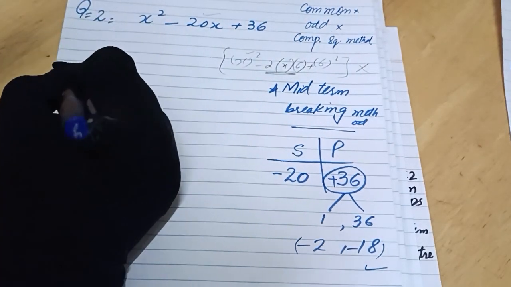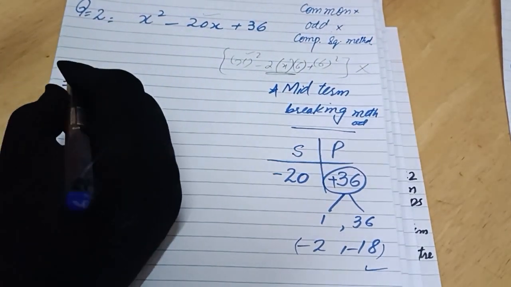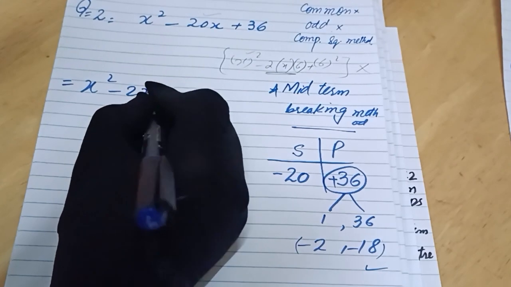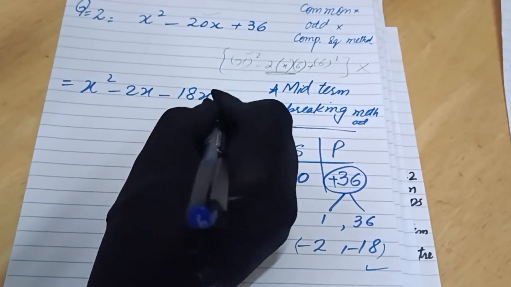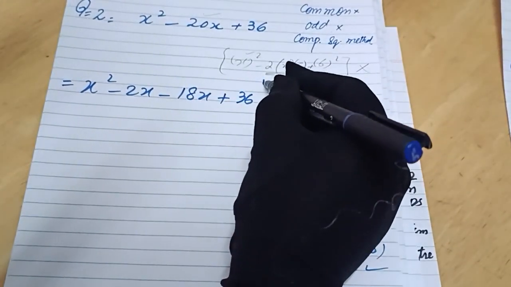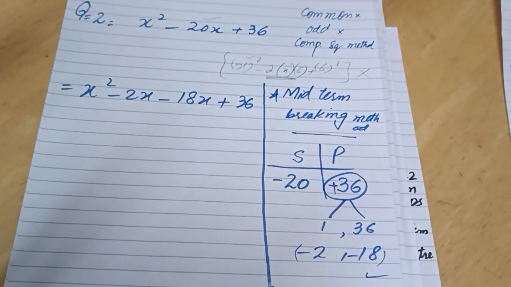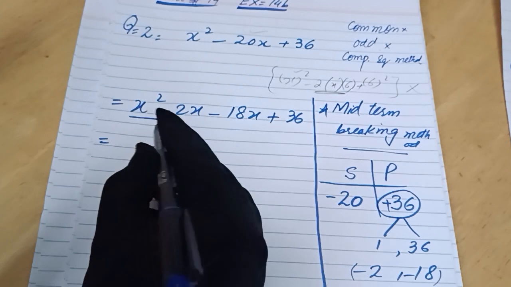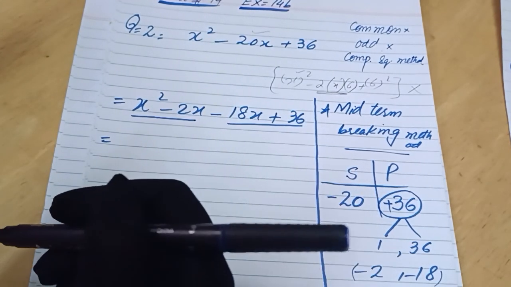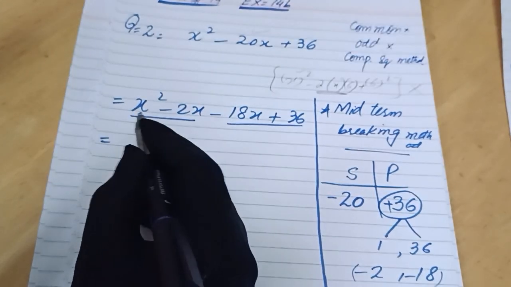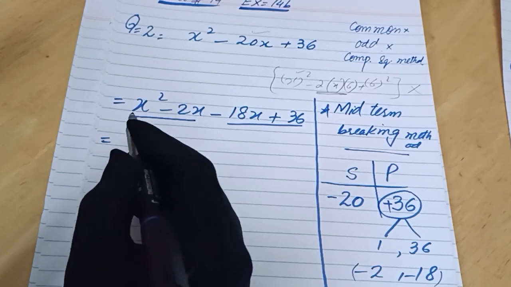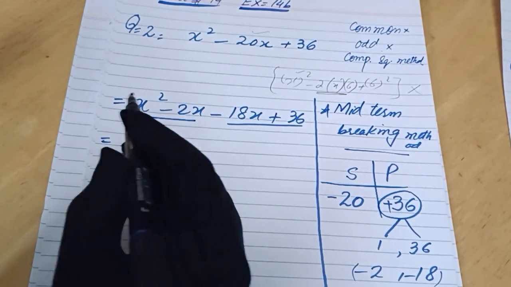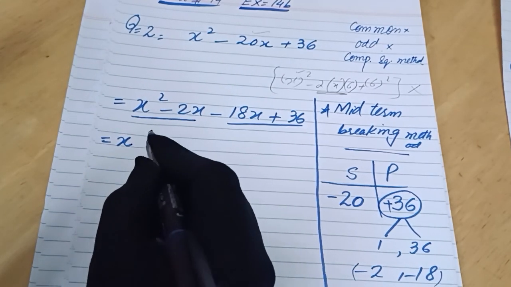Now this question is factorized as x square minus 2x minus 18x plus 36. Let me take this portion out. Then make pairing from here and here. Out of these two terms, out of these two terms, x is a common factor.